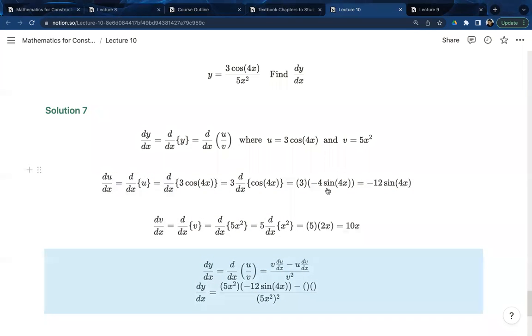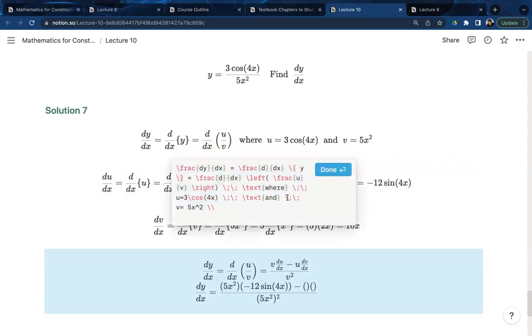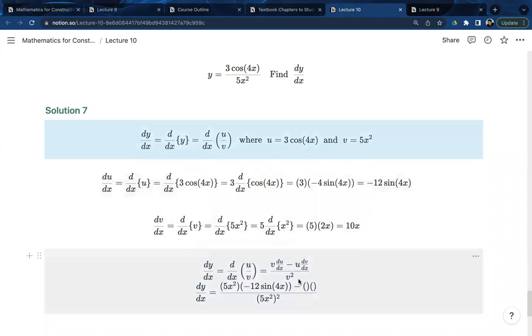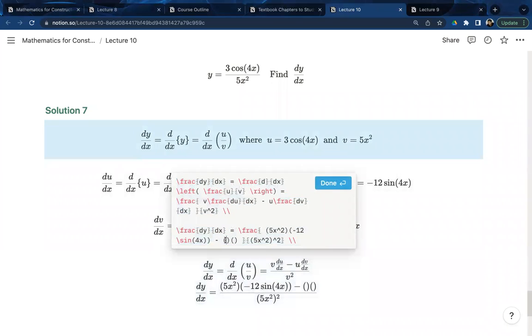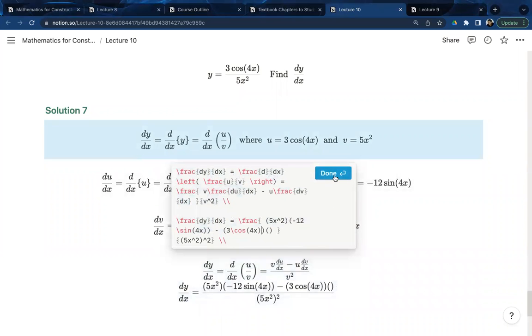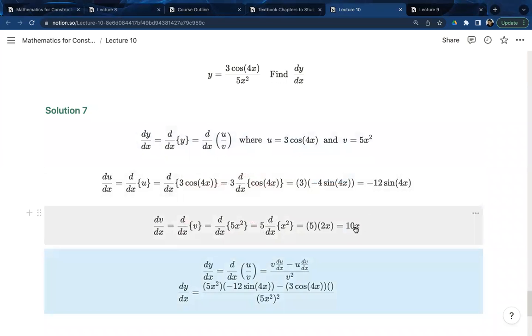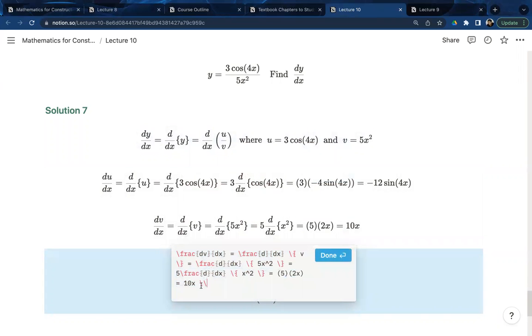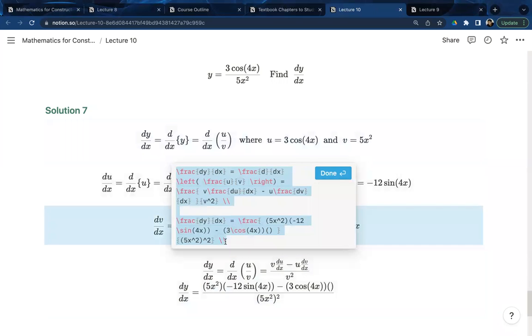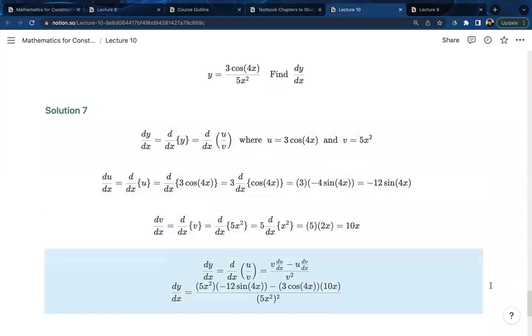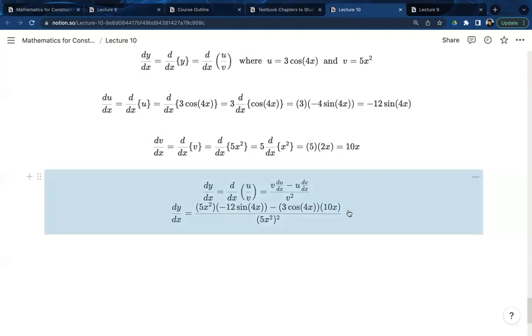What is u? U is 3 cosine 4x. Let's take this here, substitute it here, u. And what is dv dx? dv dx is 10x. All right, substitute in this side here now. Wow, okay. So it's a long expression here.